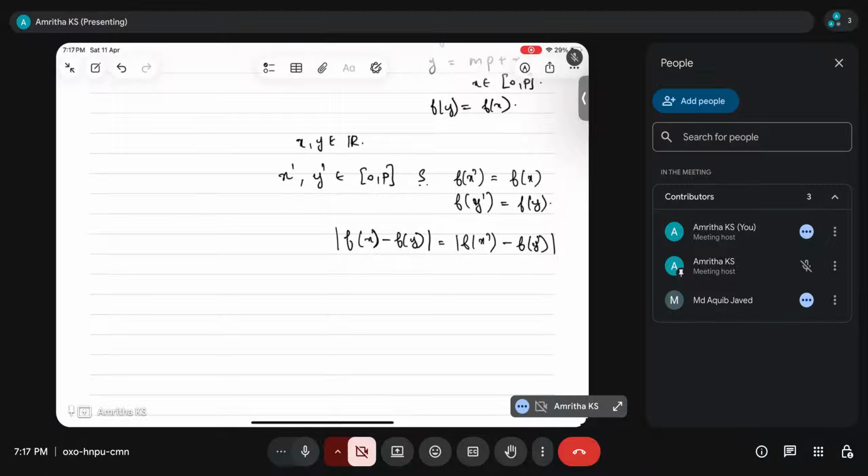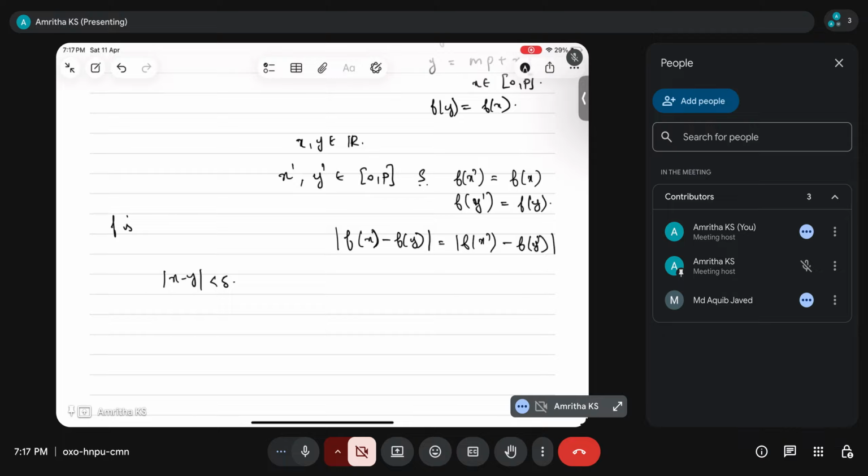Whenever mod of x minus y is less than delta, what is your delta? We have to choose the delta. On [0,p], f is uniformly continuous.